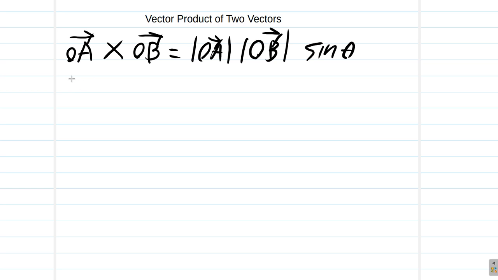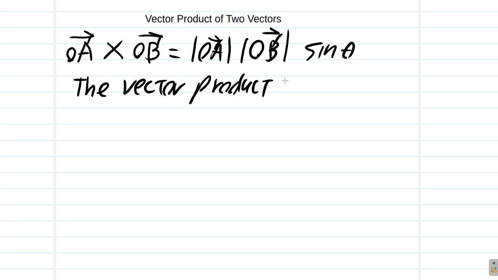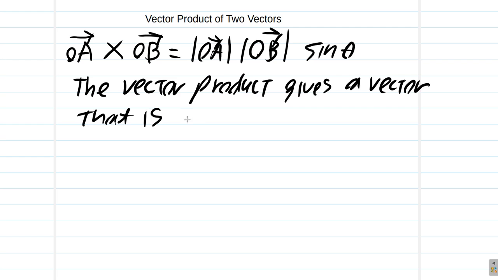Now, the vector product gives a vector that is perpendicular. Well, we say perpendicular, but sometimes the word orthogonal is used when it comes to vectors.